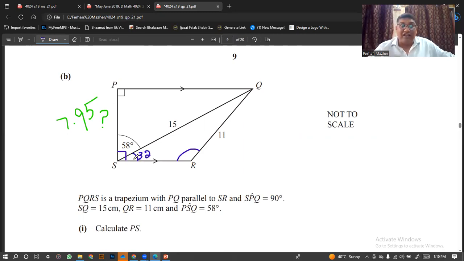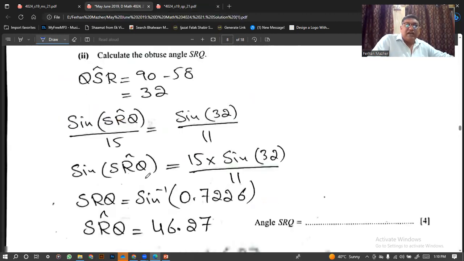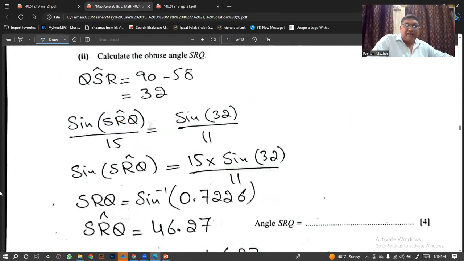Then I can apply the law of sine, the sine rule. QSR will be equal to 90 minus 58, that's 32.